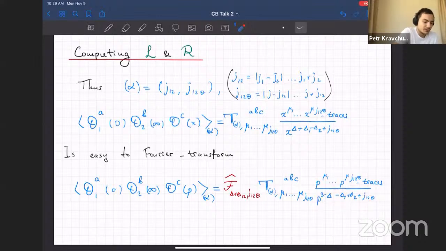And the only thing that can happen is that we get some overall coefficient F, which is just a bunch of gamma functions. You can compute it explicitly in some simple expression. So that's the way we define the tensor structures, and the reason why I define them is that it's easy to take their Fourier transform.